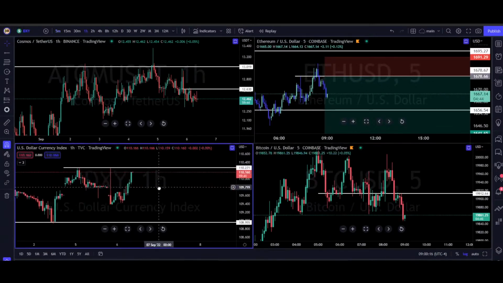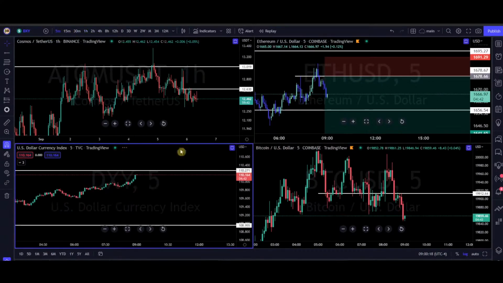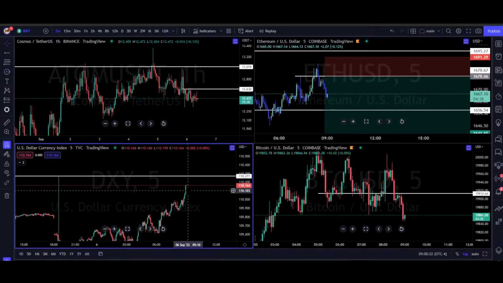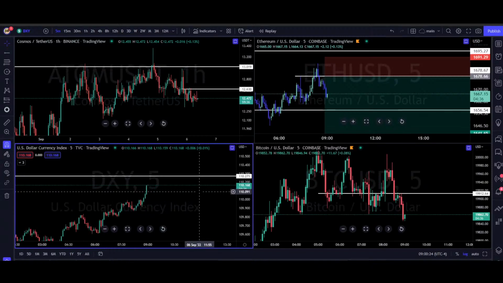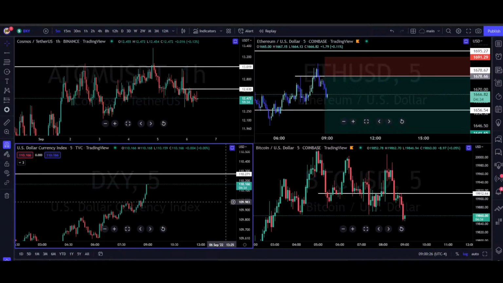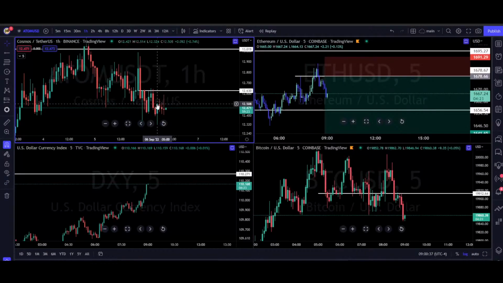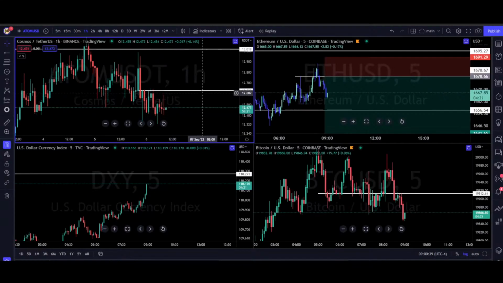Let's see what happens if the dollar pushes up to that liquidation. It looks like it's wanting to so bad. I guess you could watch hourly resistance on Atom, my friend, but it's not a great trade.